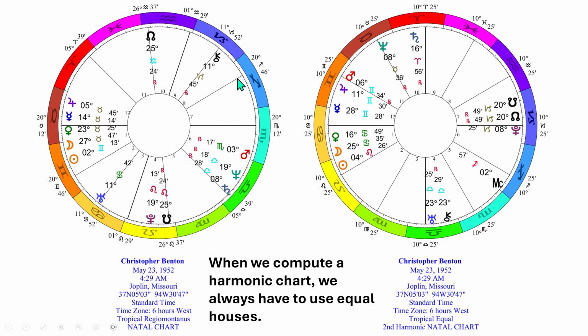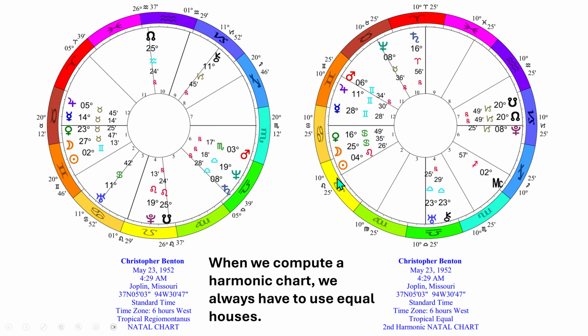Plus, look at this. Your second house and your 8th house cusp, for example, are going to be 180 degrees apart, right? For any house, you've got a pair of house cusps which are 180 degrees apart. Well, what happens in your 2 harmonic? All 180-degree angles become 0 degrees. So in the second harmonic, the separation between the second house here and the 8th house here becomes 0 degrees. They become conjunct.